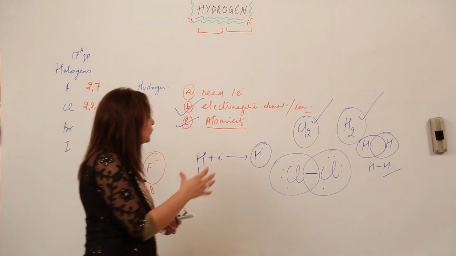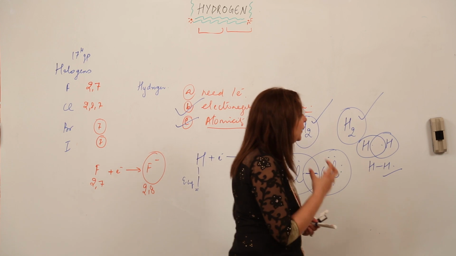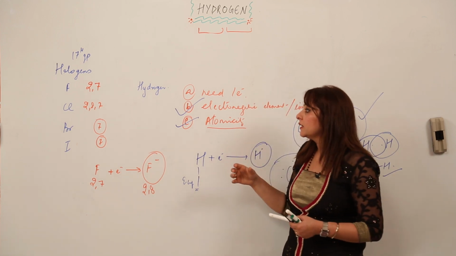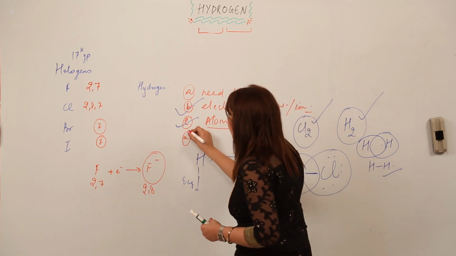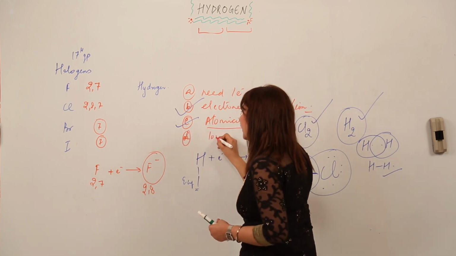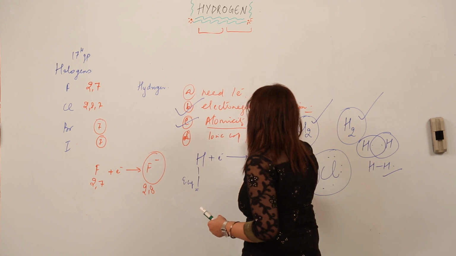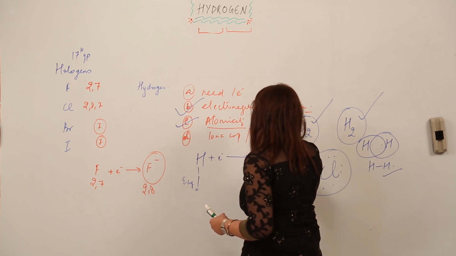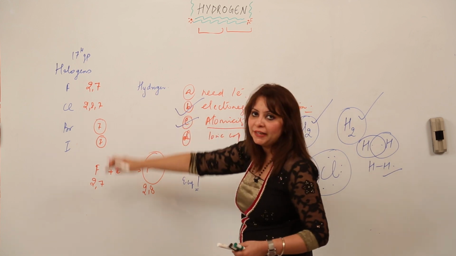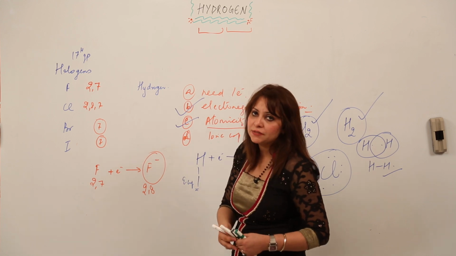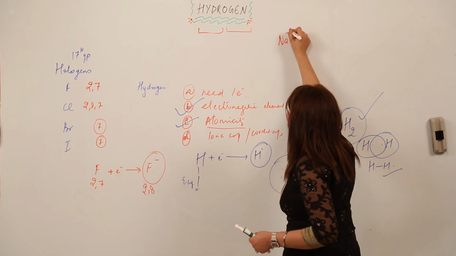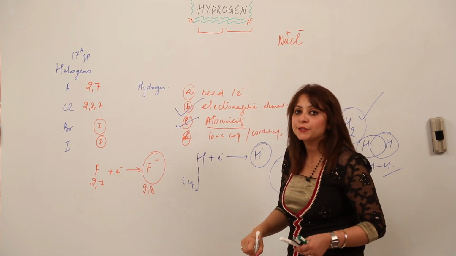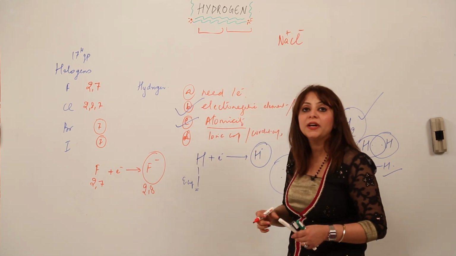I have told you there are so many similarities they possess, and one more similarity striking in my mind is that they can form ionic compounds as well as covalent compounds. First, let me tell you how the halogens form ionic as well as covalent compounds. You know NaCl: in NaCl, Na is positive and Cl is negative, and they are united to form a crystal lattice.